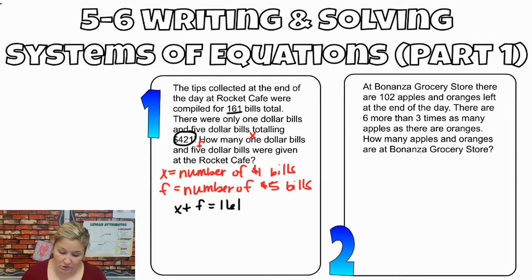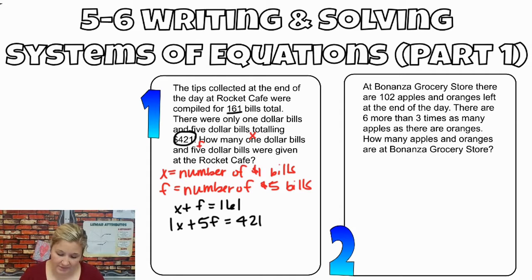So $1 bills are worth $1, so I have 1x. And if I take the number of $5 bills and multiply it by 5, that gives me the amount for the $5 bills, and that would be equal to $421. So all my money went in the same equation.